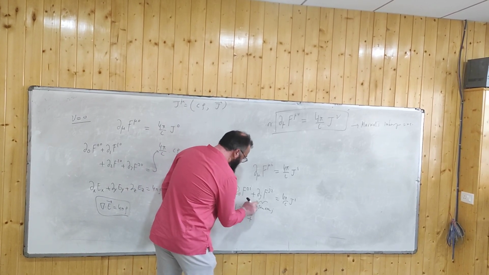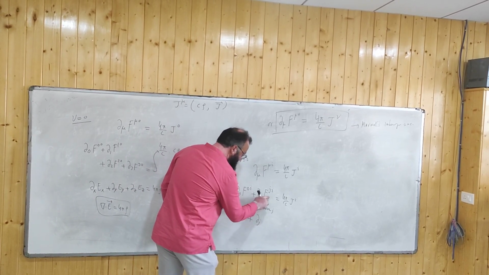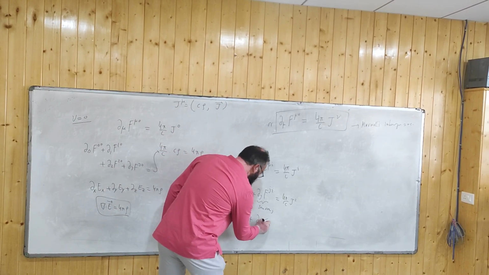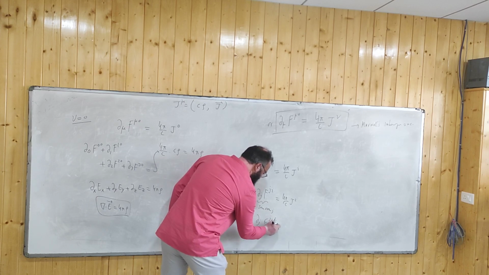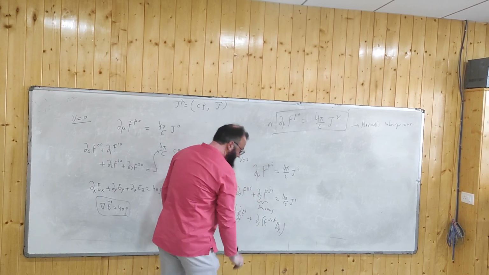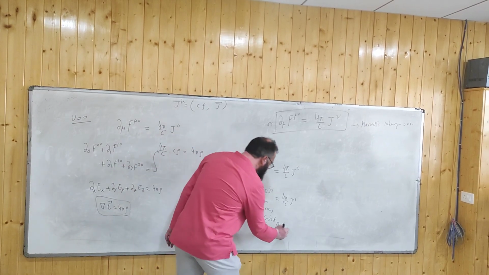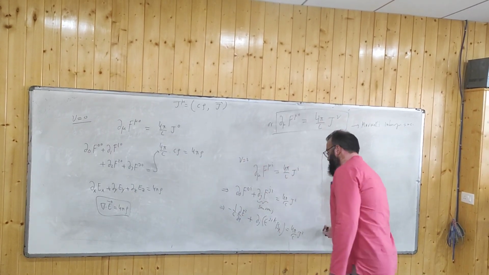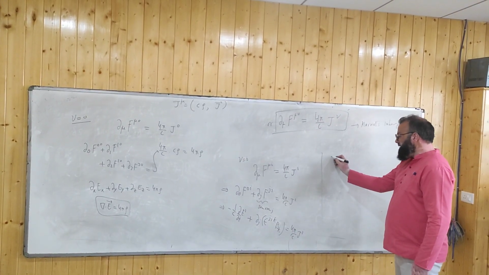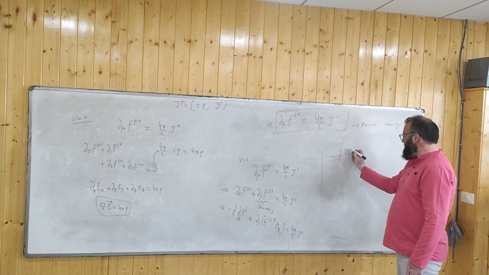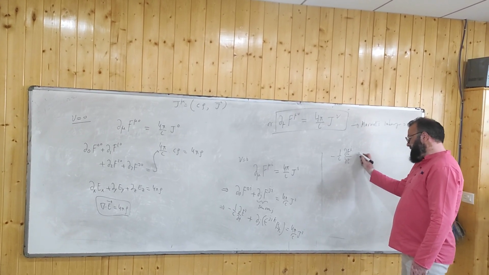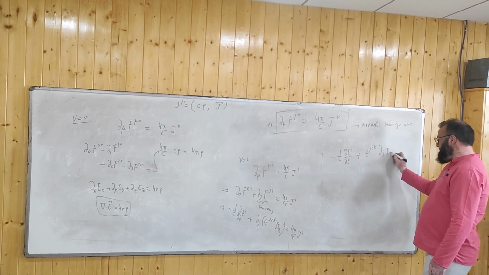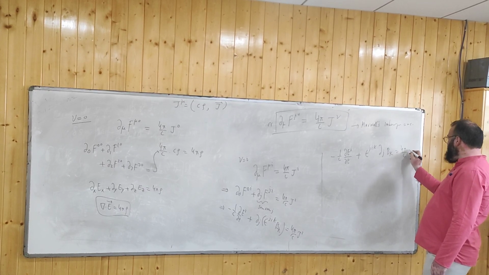Then, anybody? What is this F^{ji}? Yes, so it's ε^{jik} B_k. It's equal to (4π/c) J^i. So what is this equal to? It's minus (1/c) ∂E_i/∂t plus ε^{jik} ∂_j B_k, equal to (4π/c) J^i.